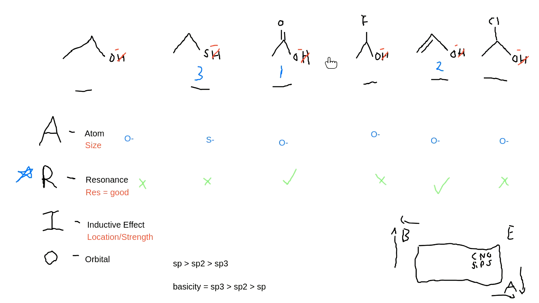You're still ranking by acidity, even though it says conjugate base, and you're stabilizing this negative charge and making it less unstable with resonance, and size of atom kind of helps it.